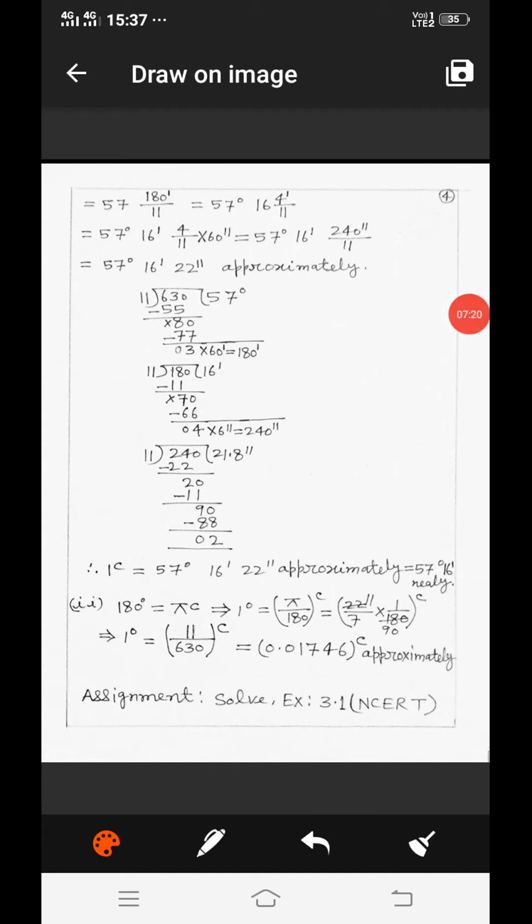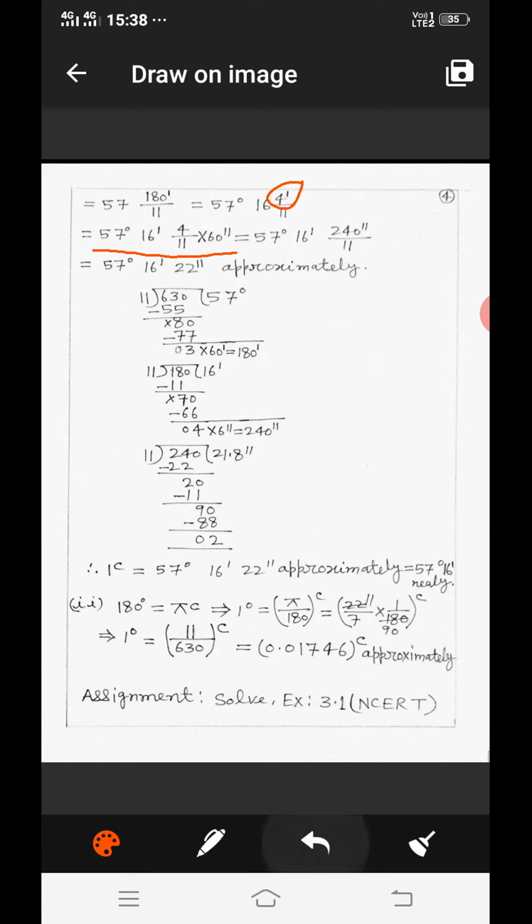This is equal to 57 whole 180 minutes by 11, and this is equal to 57 degree 16 whole 4 by 11 minutes, and this is equal to 57 degree 16 minutes, and here we convert 4 by 11 minutes into seconds, so we multiply by 60 seconds.